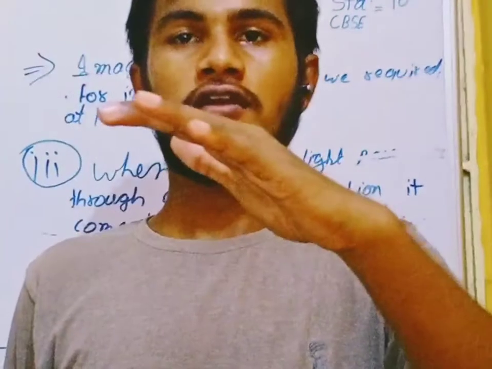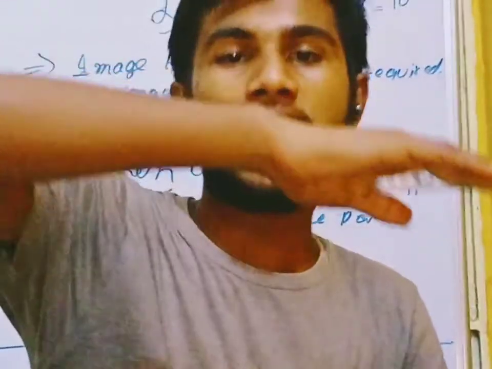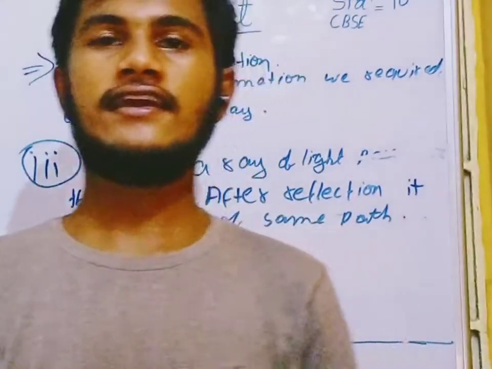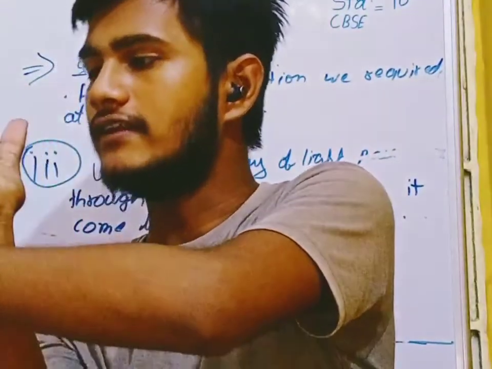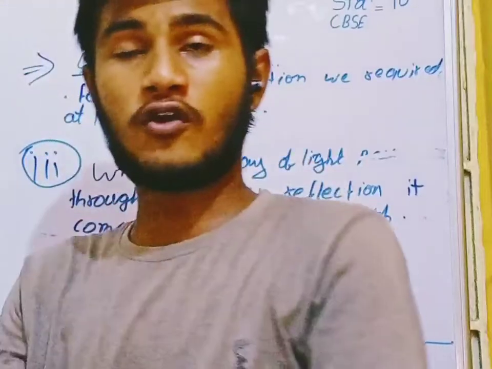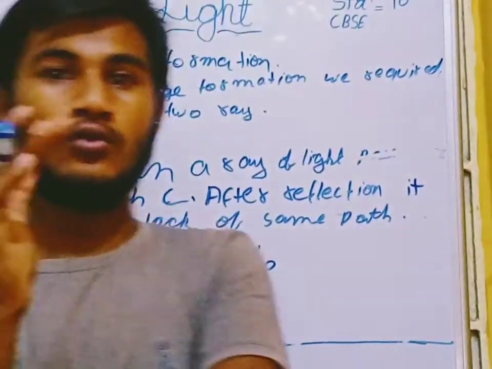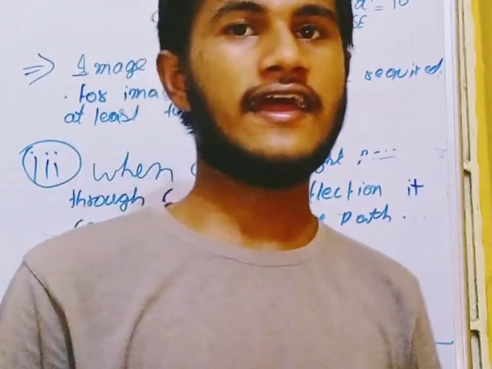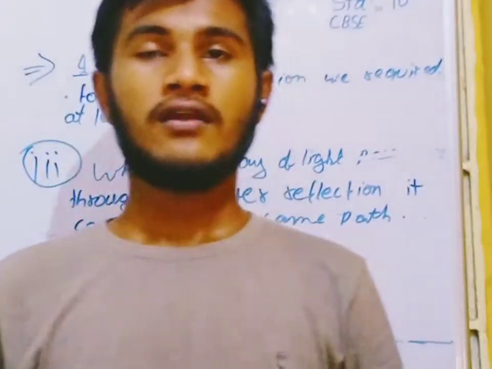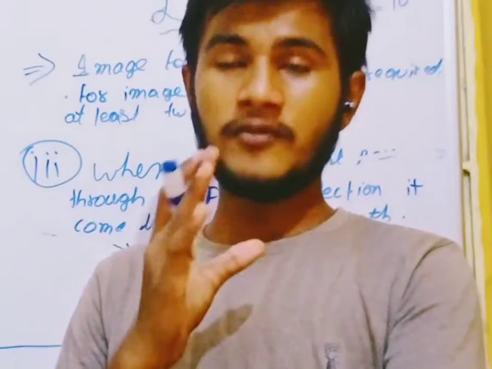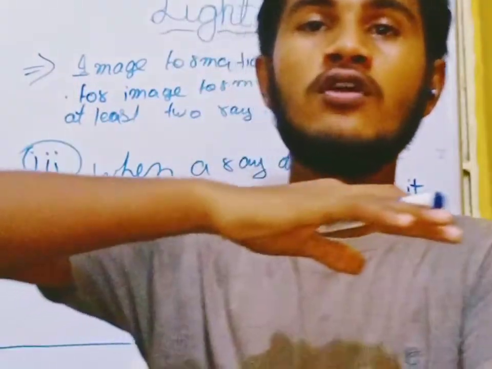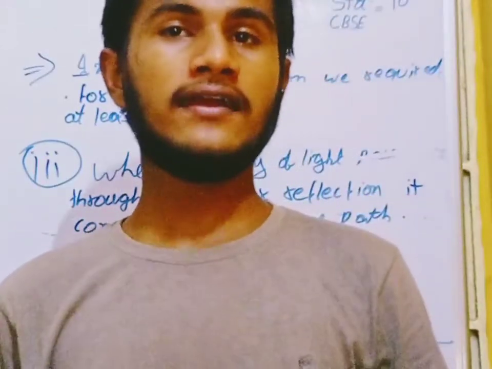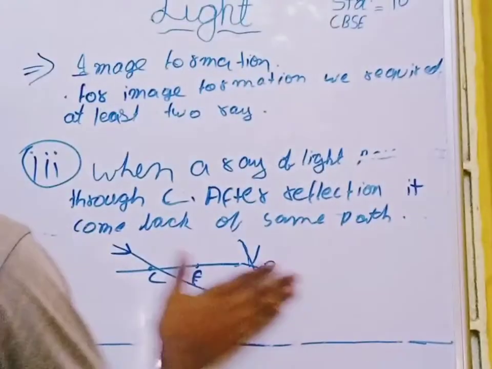The first rule states that whenever a ray comes parallel to the principal axis, it passes through focus. The second rule states that whenever a ray comes from focus, it goes parallel to the principal axis. The third rule states that whenever a ray comes from the center of curvature, it comes back on the same path.